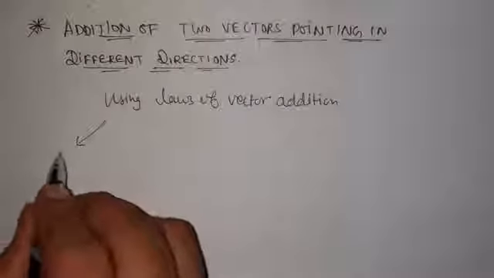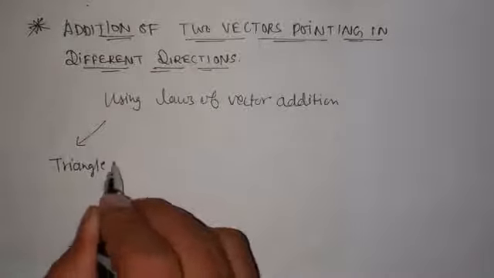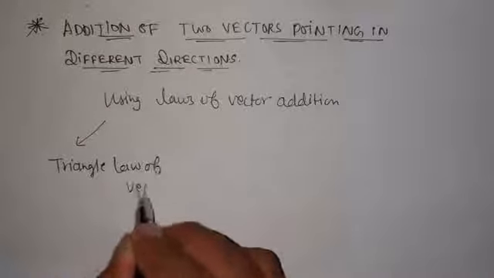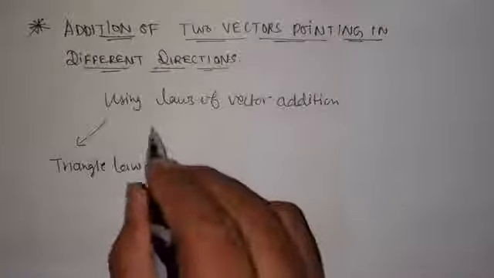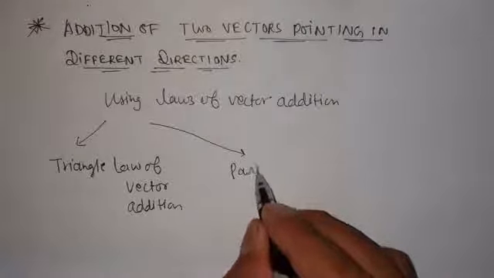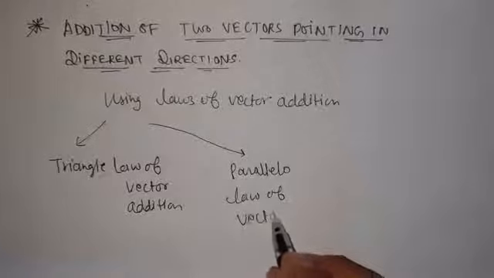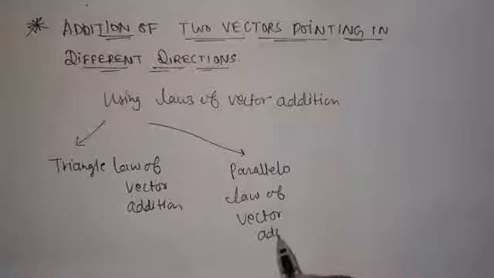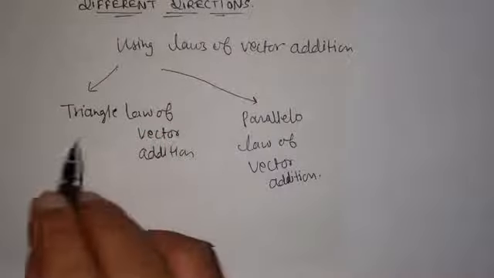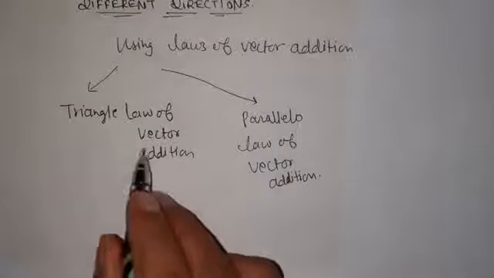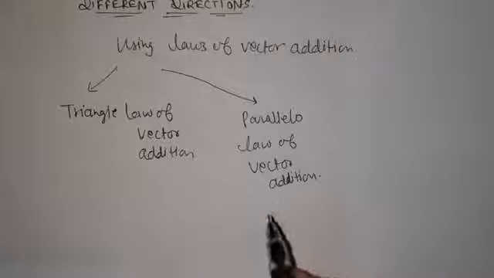The first is known as the triangle law of vector addition, while the second law by which we can add them is the parallelogram law of vector addition. Remember, if we have only two vectors to add, we use the triangle law or the parallelogram law of vector addition.